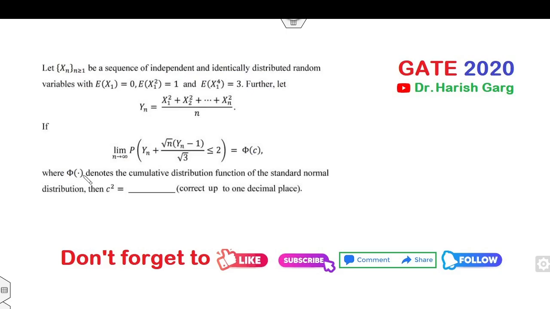Look at one more example. These are the sequences of the IID. Mean values are shown. Firstly, your target is to write this. Again, can you find the mean of the yn? 1 over n is outside. What is the x1 square? 1, 1, 1, 1. That is the n. So mean is my 1.